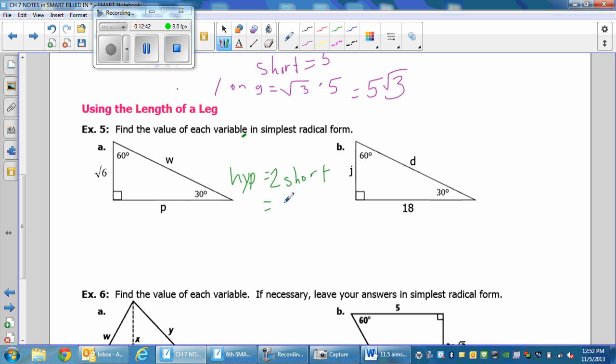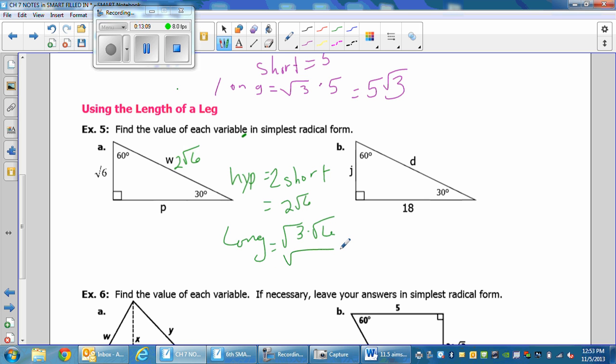So I know the short side is radical 6. So the hypotenuse equals 2 radical 6. And then I know that the long, or the P, equals, and I can go ahead and put 2 radical 6 here for W. The long equals radical 3 times the short, and the short is radical 6.